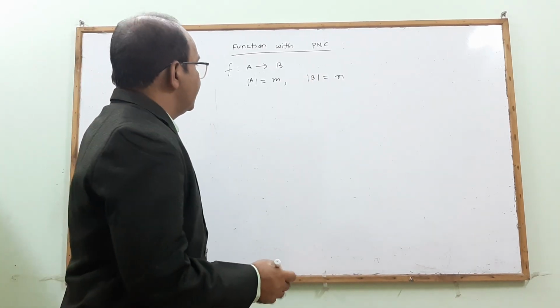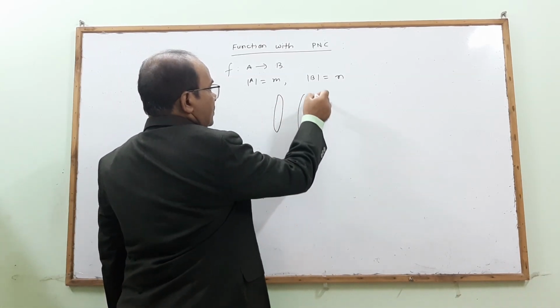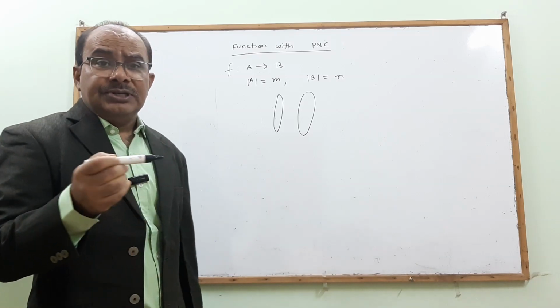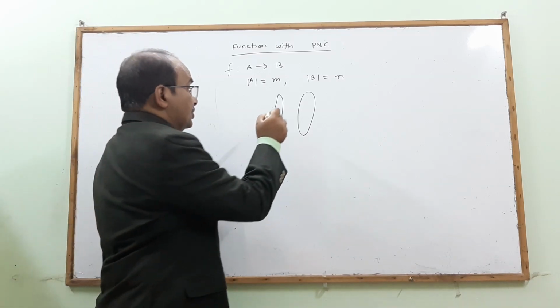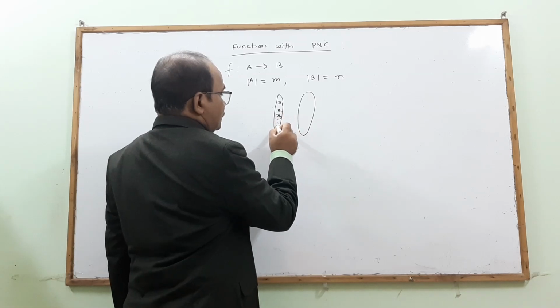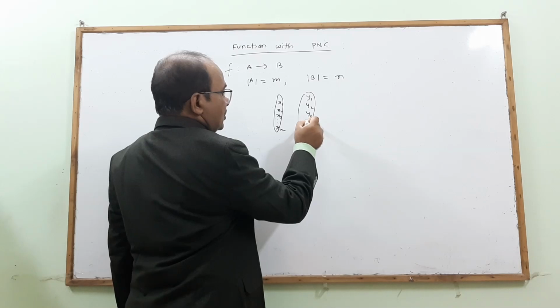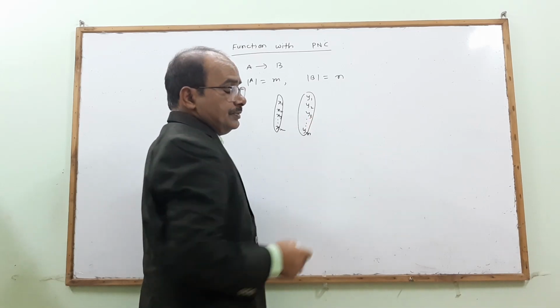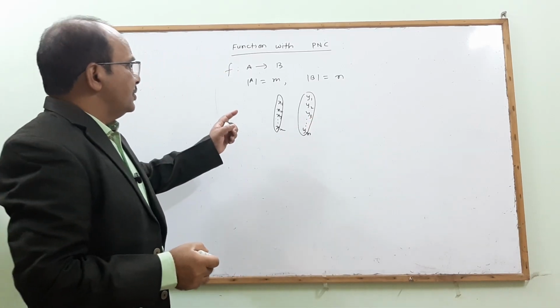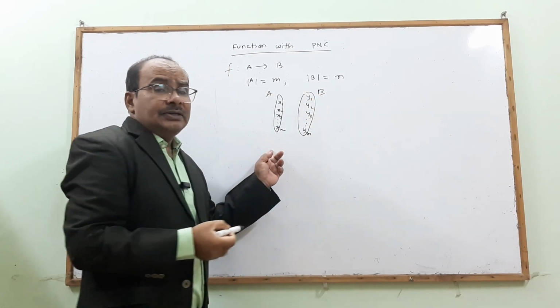Then if someone is asking how many functions are possible from set A to set B, suppose I am writing x1, x2, x3 up to xm, and here y1, y2, y3 up to yn. From A to B a function is defined.